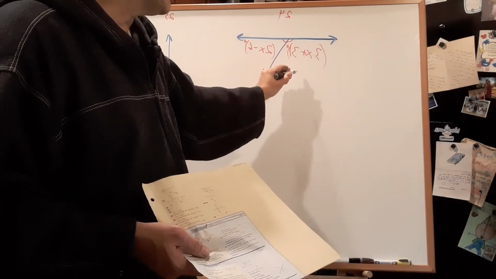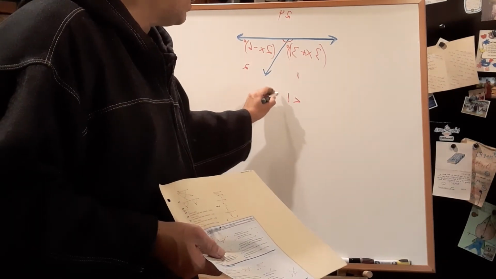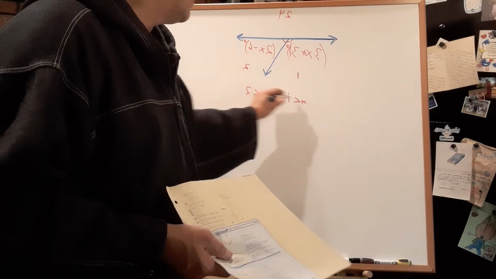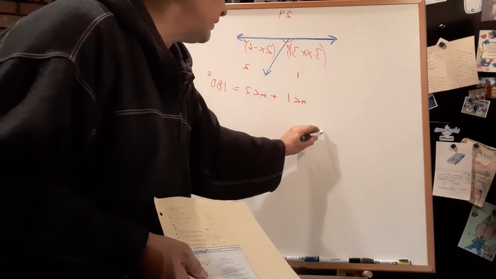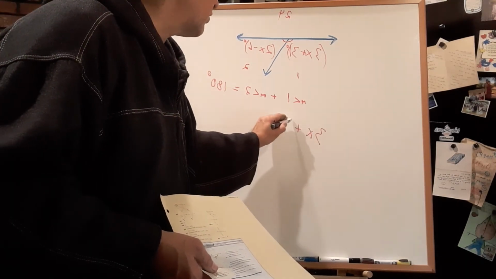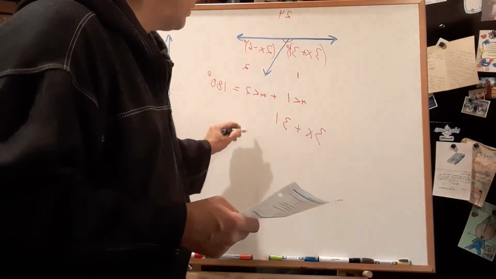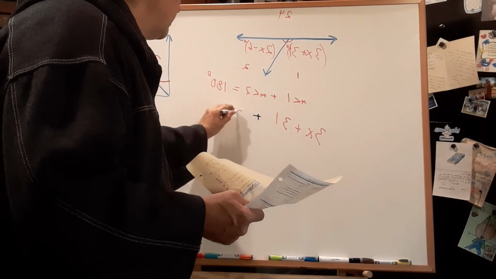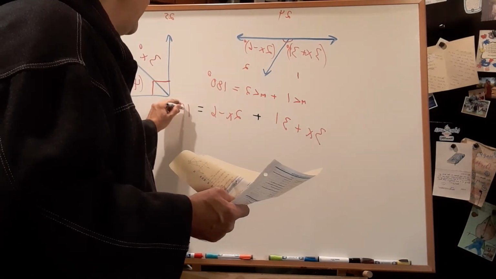If we call that angle 1 and that angle 2, angle 1 plus angle 2 is going to equal 180. So that means 3x plus 31, that should be a 1 in there, 31, plus 2x minus 6 equals 180.